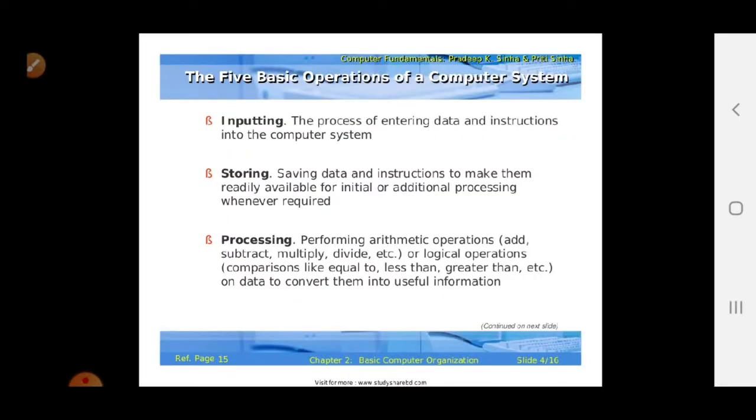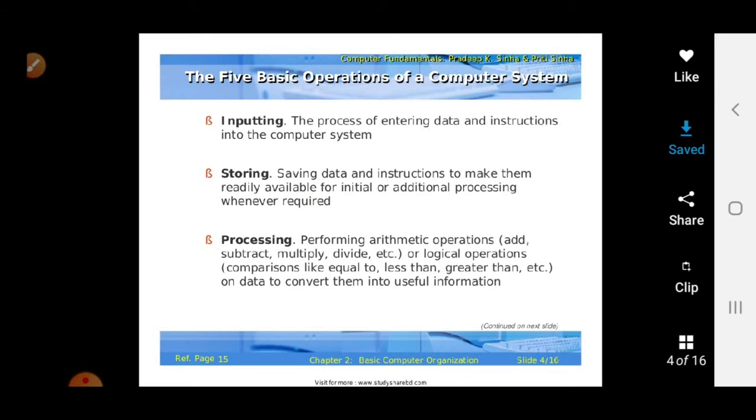The topic is basic operations of a computer system. In your book it is given that there are 4 basic operations, but there is a 5th one also, and we're going to discuss these. Number 1 is inputting. Input, as its name indicates, basically gives input of data. The process of entering data and instructions into the computer system is known as inputting.